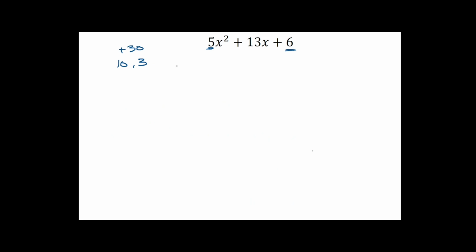So we're going to rewrite this original formula there, and we're going to add the extra bits.